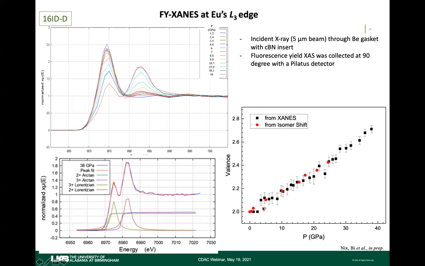And you see this continuously increasing, and the 2 actually agree with each other rather well. And so based on this estimation from the X-ray absorption data, around 38 GPa, we see a europium valence above 2.7. And it's almost fully transformed to 3+.